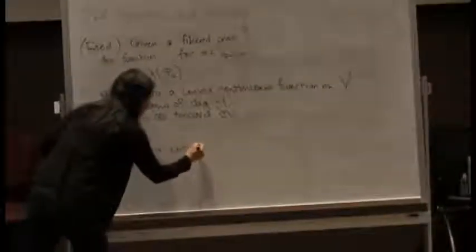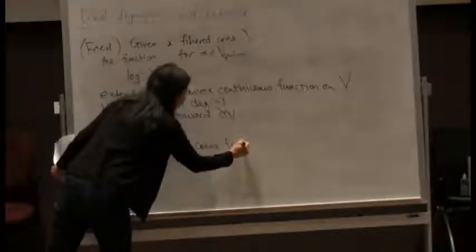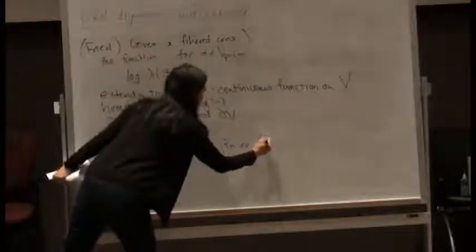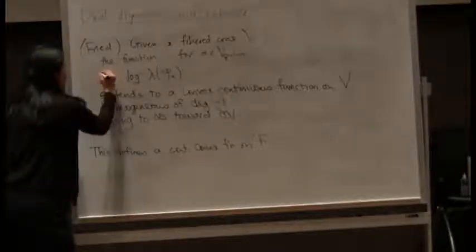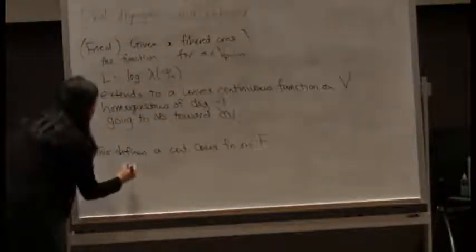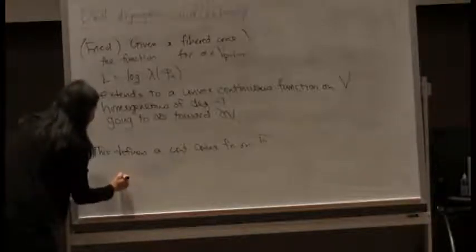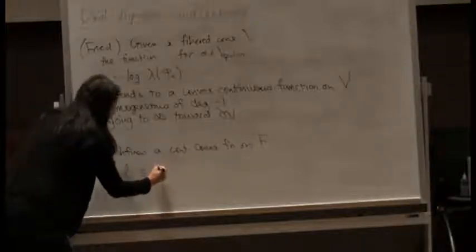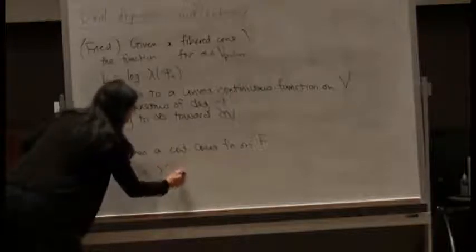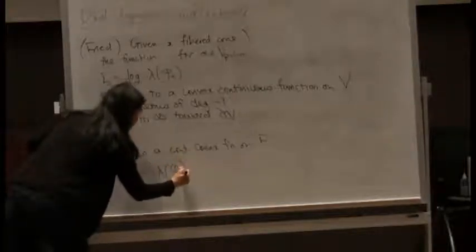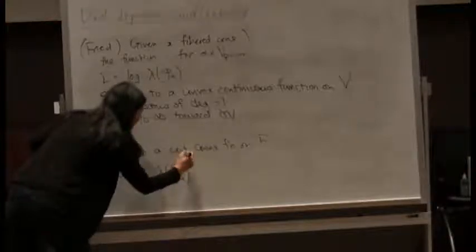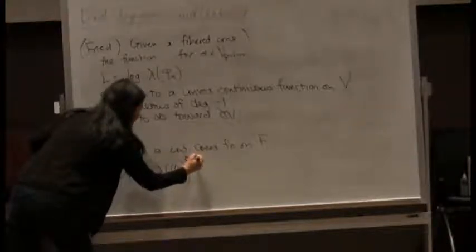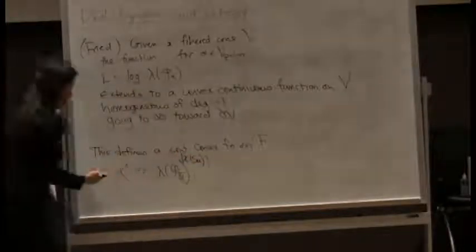So taking the exponent, this defines a continuous convex function on the fibered face. Let's call this L, a function like this, which we can think of as the normalized dilatation.